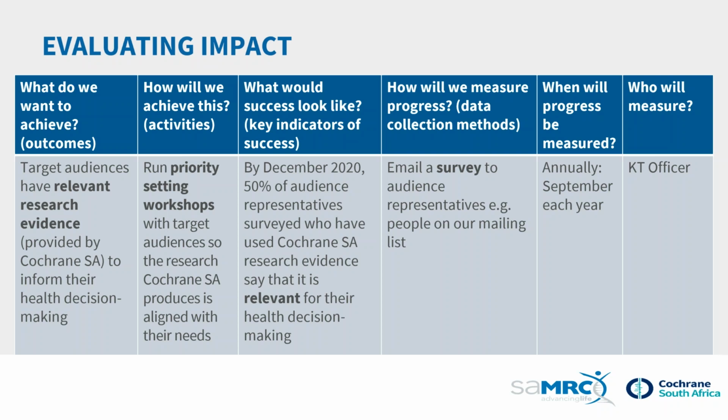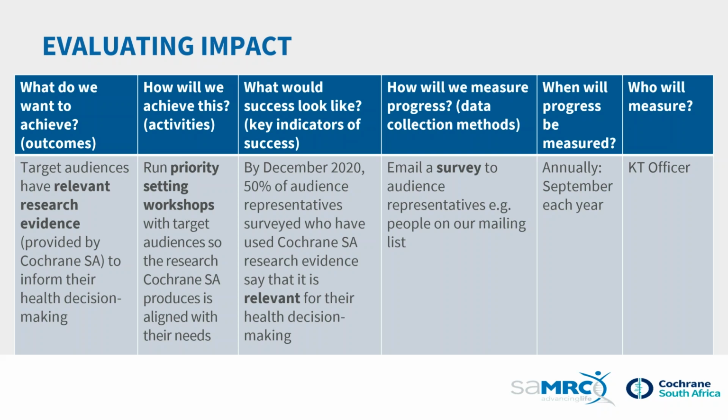Is it, for example, in this case, when more than 50% of target audiences say that they have evidence from Cochrane that is relevant? And how will we collect target audiences' perspectives about whether they find Cochrane evidence relevant or not? So in this example, we could send out a survey via email.